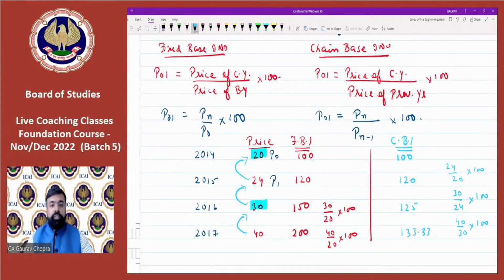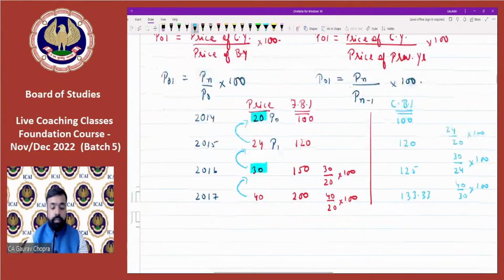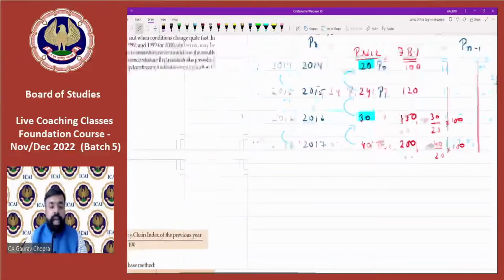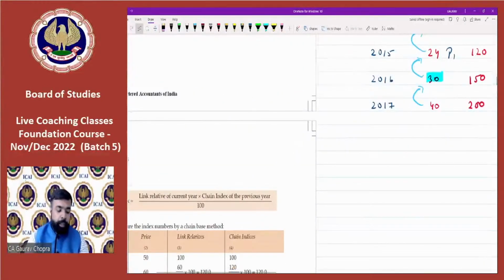All right. Most of you have given the answers. That's great. So this was chain base and fixed base index number.